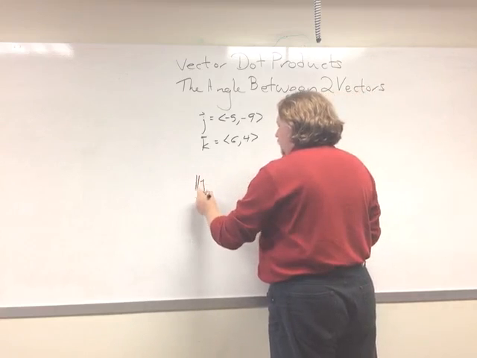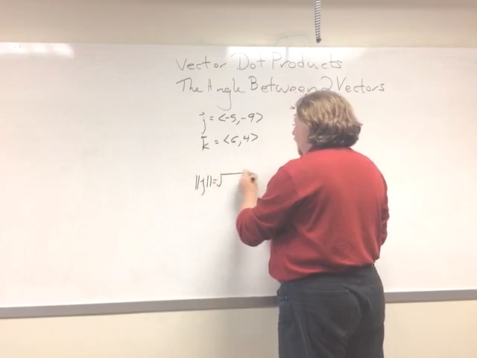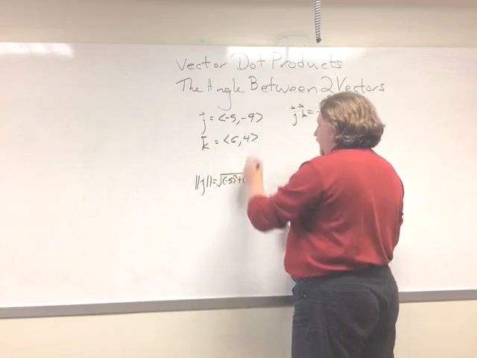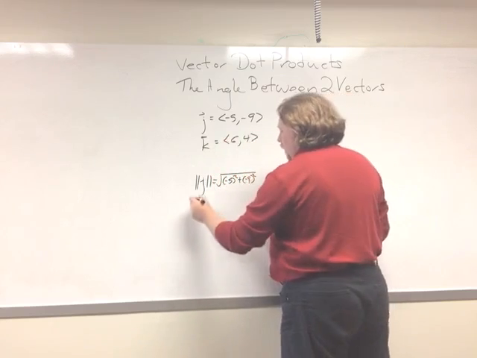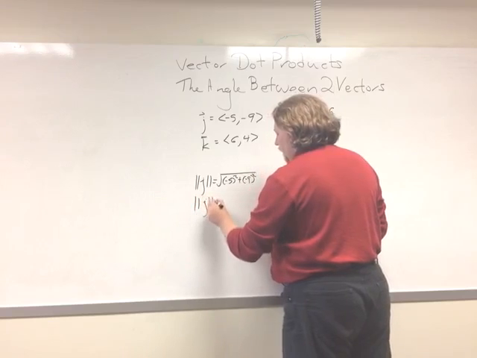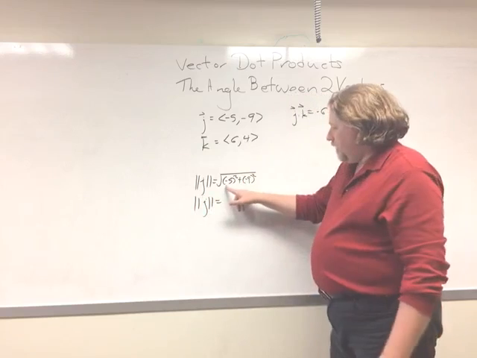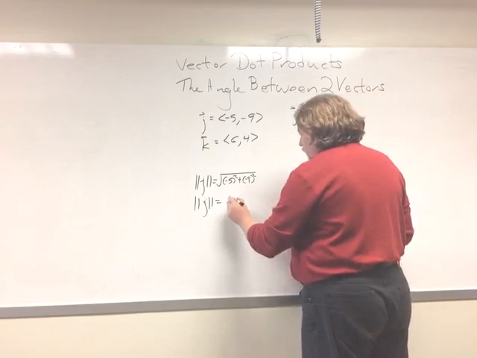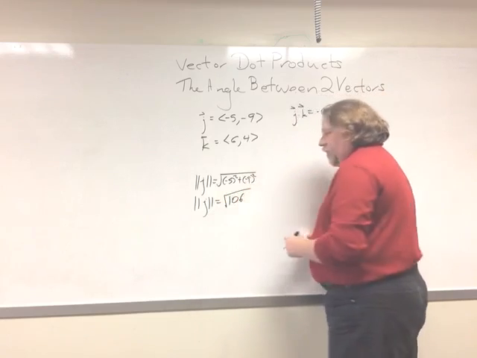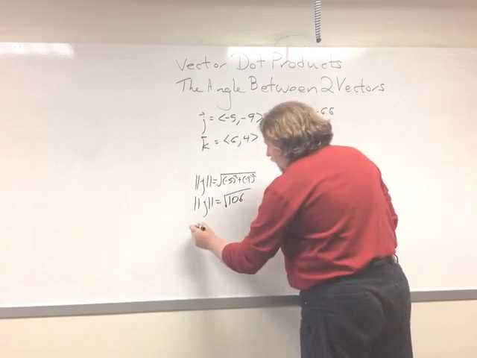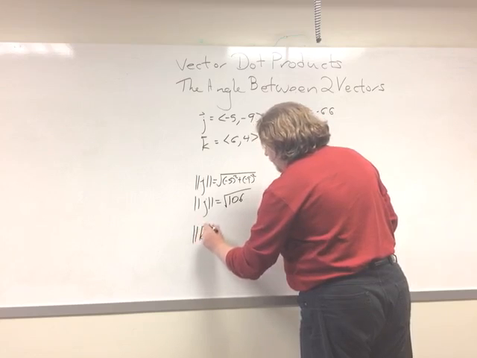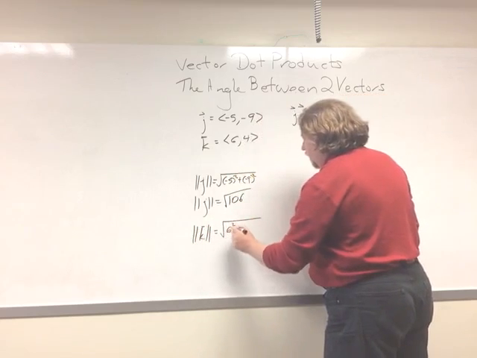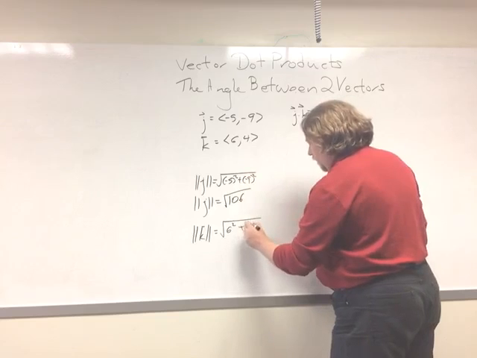So magnitude of J is the square root of -5 squared plus -9 squared. -5 squared is 25, -9 squared is 81. 25 plus 81 is 106. So I have the square root of 106. I want to find the magnitude of K. So that's going to be the square root of 6 squared plus 4 squared.